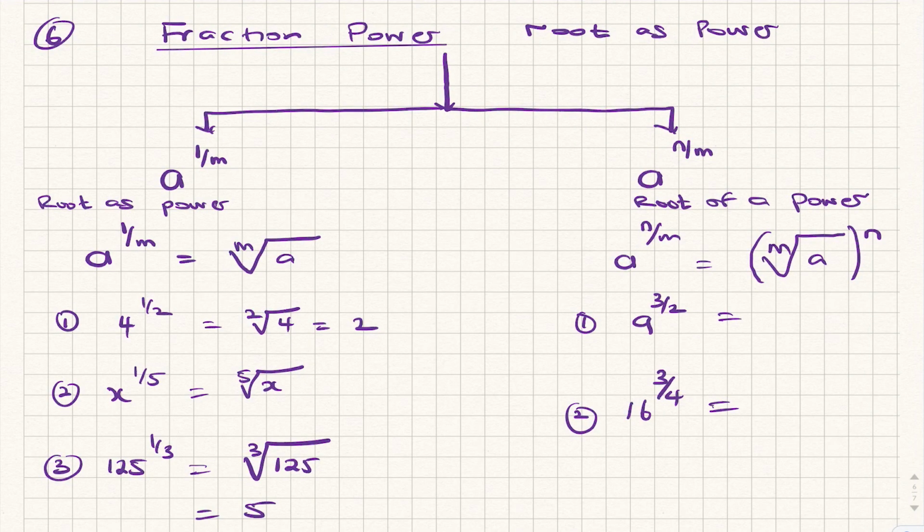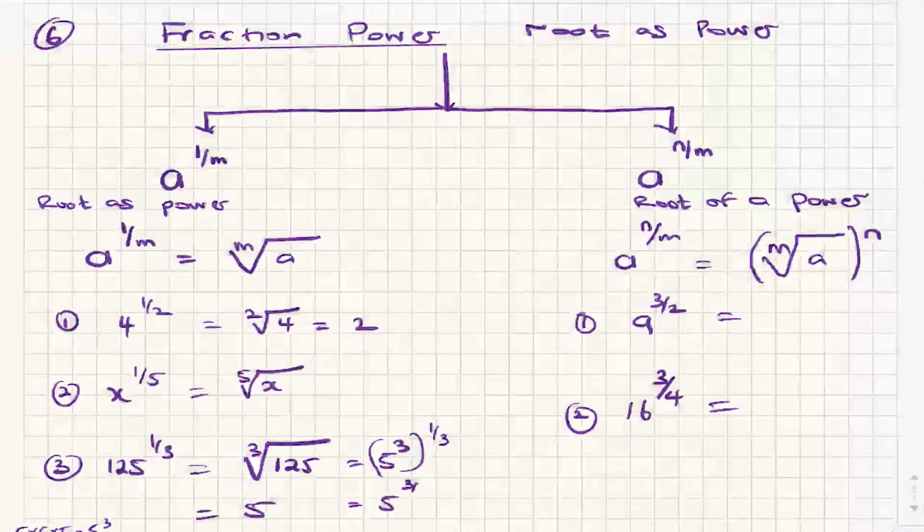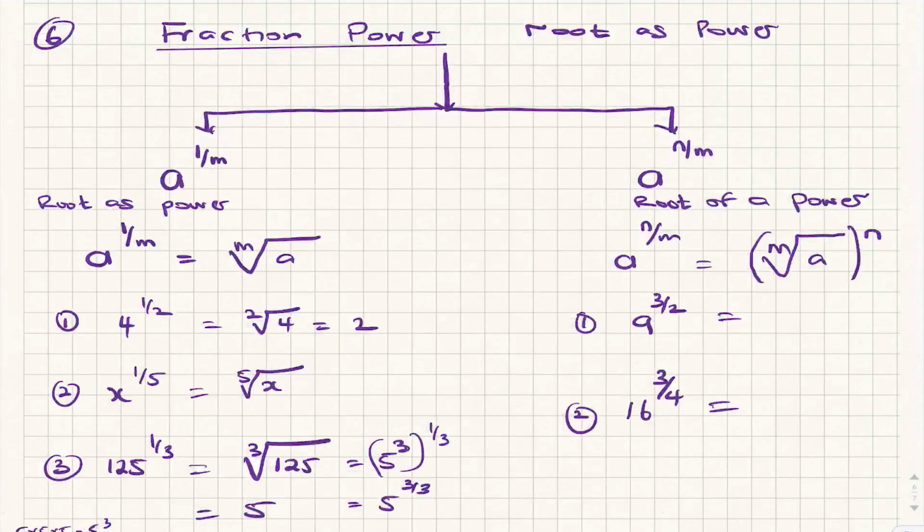If you're not sure, remember that 125 is 5 times 5 times 5, which is 5 to the power of 3. So you could have written 5 to the power of 3, all to the power 1/3, and that gives you 3 over 3 when you multiply the powers, and that will become 5 to the power of 1, which is 5.